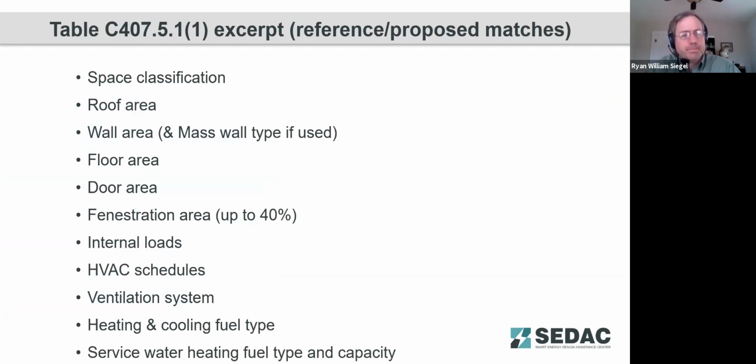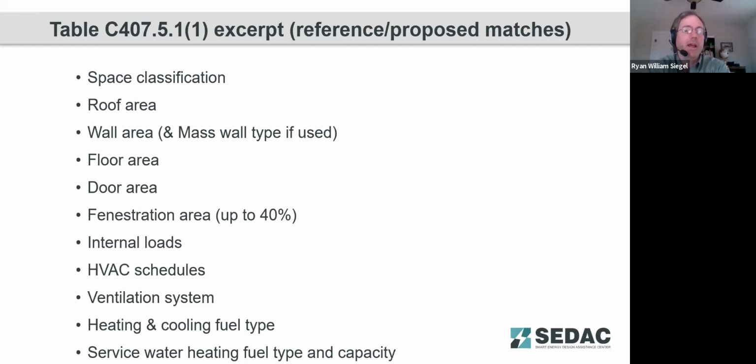The table, Table 407.5.1, does call out the parameters as far as what these models do, and several of the aspects do have to match between the reference model and proposed. So here's a quick thing to check through and say, do they have the same areas? Are they facing a similar direction?